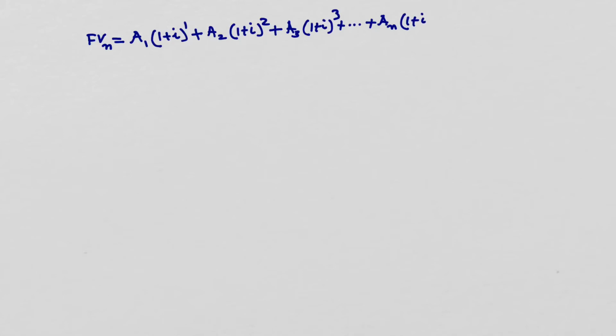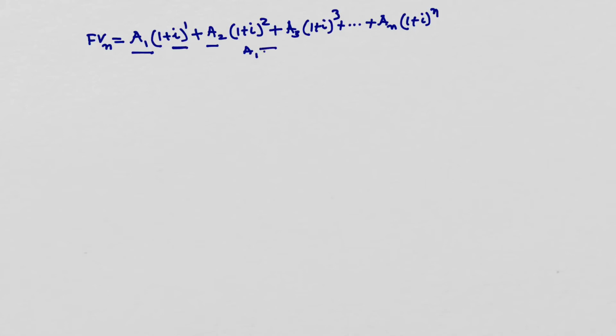Your deposit may be for even 15 years. So we write AN into 1 plus I raised to N. So what you need to do is know the amount and know the interest rate. As I said, these can be different. That is, A1 is not equal to A2.